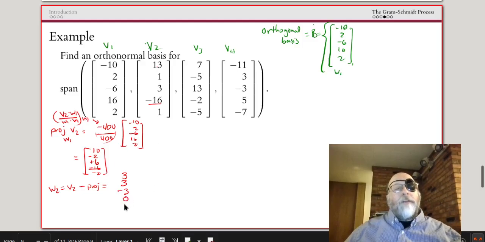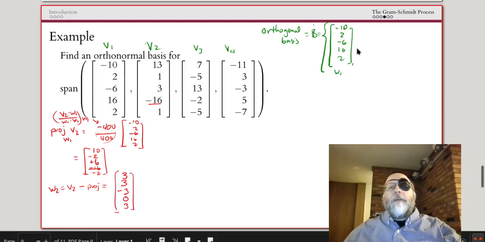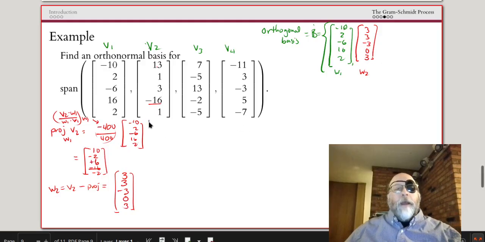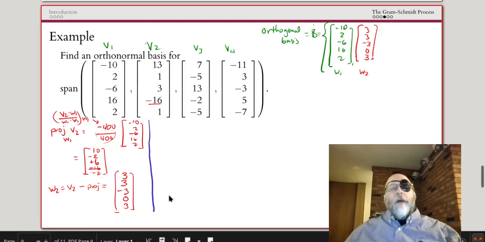And 1 minus negative 2 is 3. So my next vector, W2, has just a bunch of 3's in it: 3, 3, negative 3, 0, and 3.